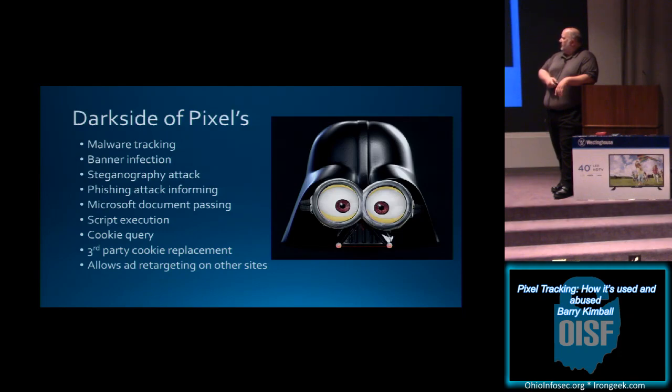So some of the things I found is the dark side of the pixels, how people are abusing them. Of course, there's malware tracking, banner infections, steganographic attacks, phishing attack information, the Word documents also, Microsoft automatically passing information, script execution queries, many different ways to collect the information.